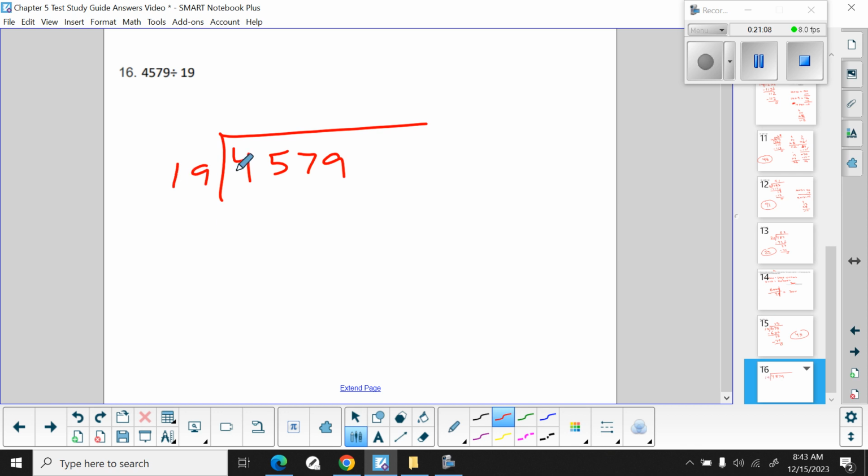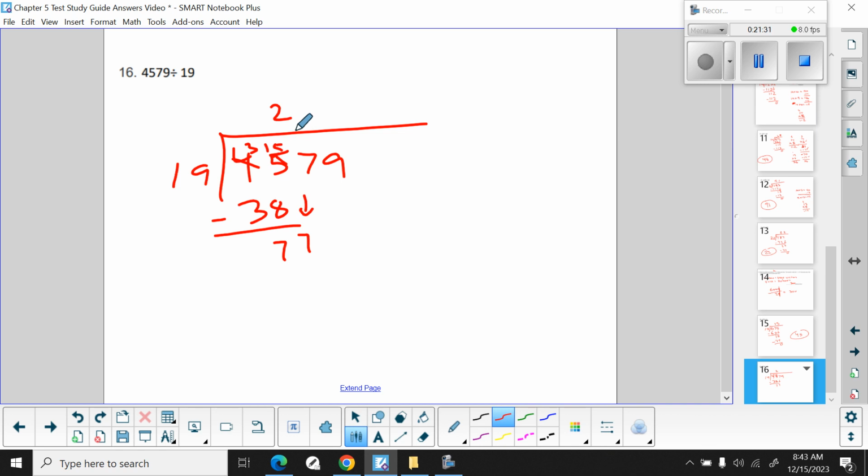Well, 19 doesn't go into 4, but 19 goes into 45. 19 is close to 20, so 20 times 2 is 40. Yeah, let's try 2 times. 2 times 19 is 38. My remainder is going to be 15 minus 8, 7. Bring down the 7. 19 goes into 77.